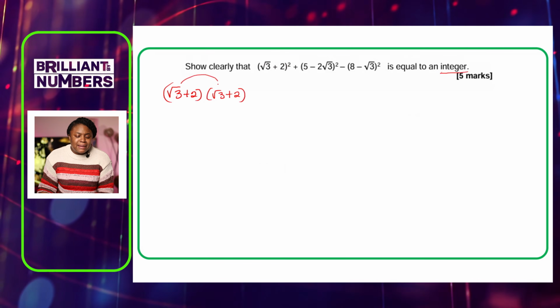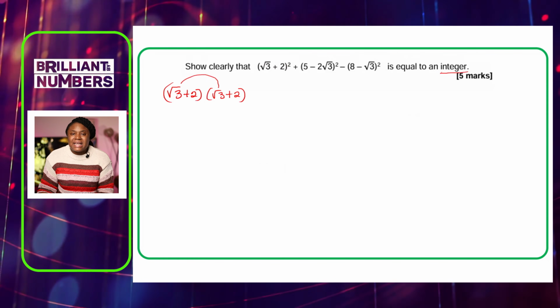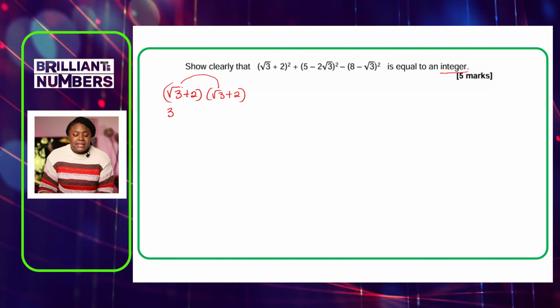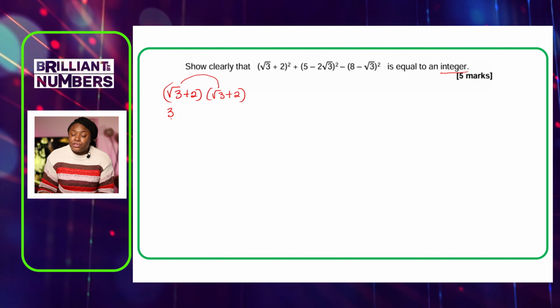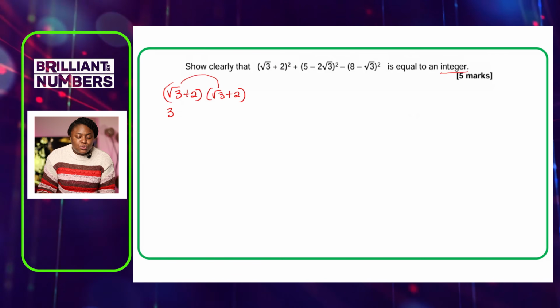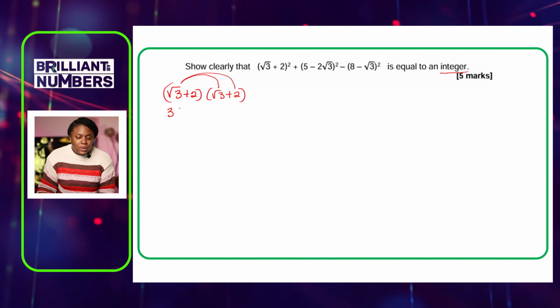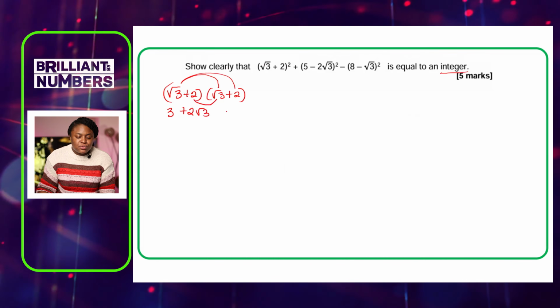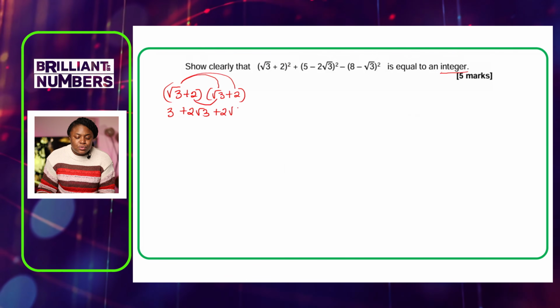So root 3 times root 3 is root 9, but the square root of 9 is 3. So we can just go straight ahead and say root 3 times root 3 is 3. We now need to do root 3 times 2, which is 2 root 3. We then take 2 times root 3, which is also 2 root 3.